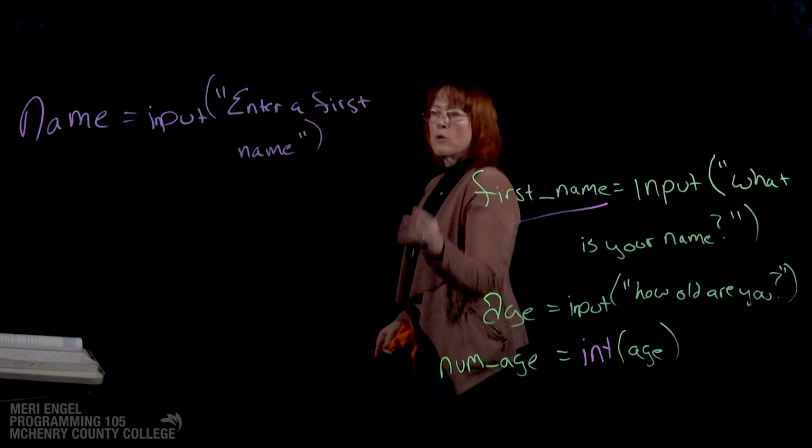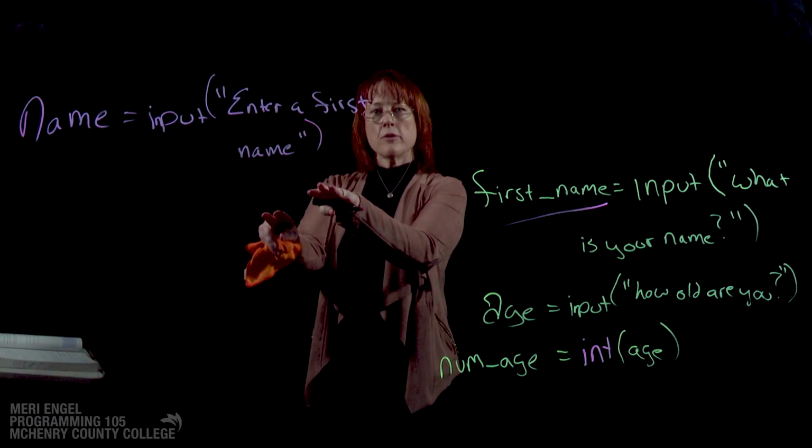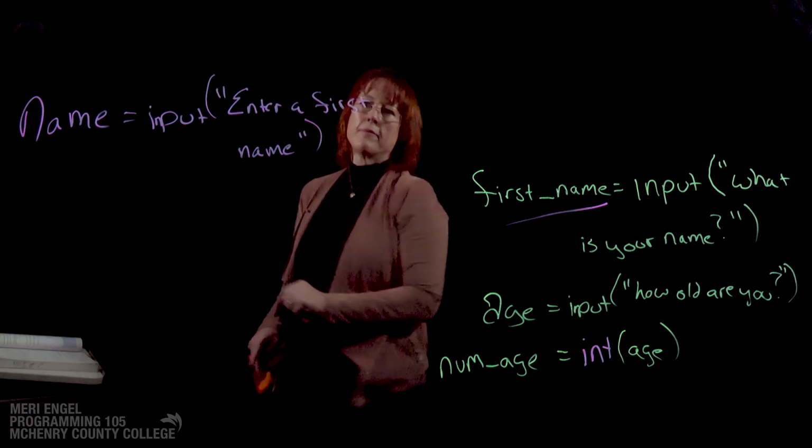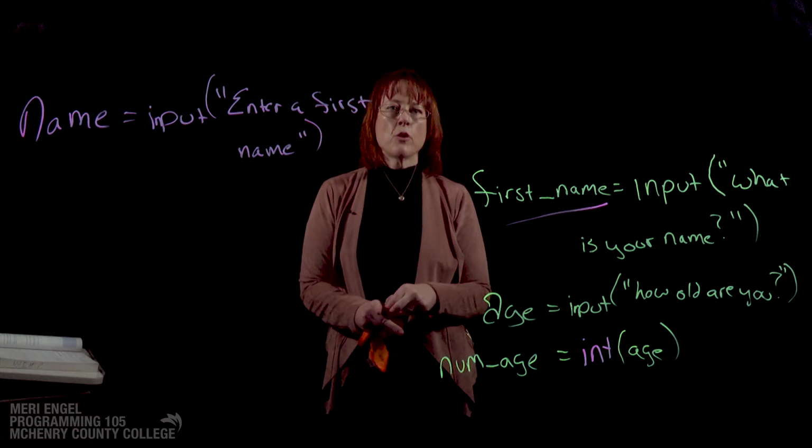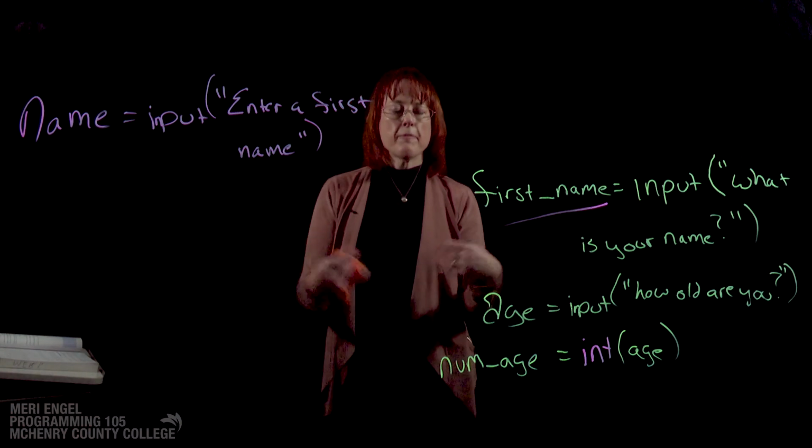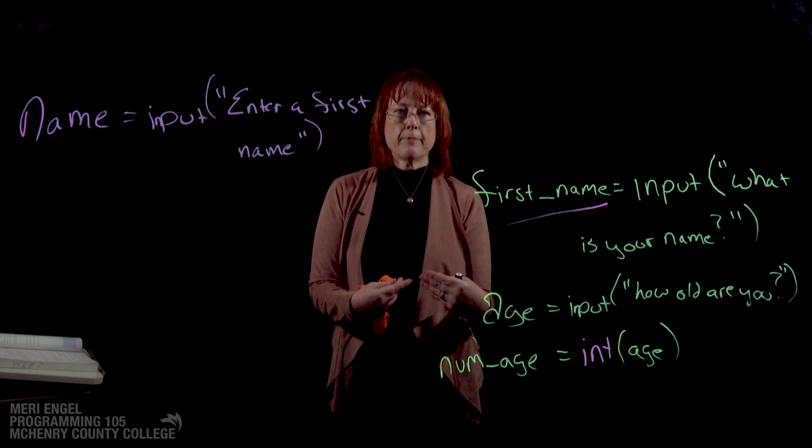And that will allow us to store user data in the name variable. And that should allow you to go on and create that final piece of the Mad Libs program.